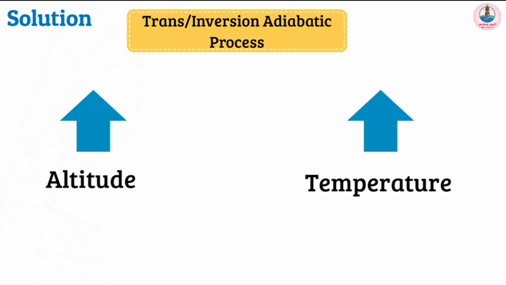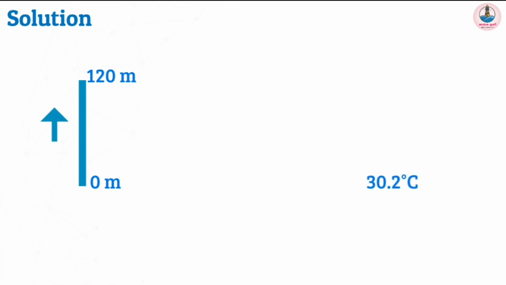Now we have learnt about these processes. Now let's get into the question. You can see in this question, the altitude is increasing from 0 meter to 120 meter. When the altitude increases, the temperature decreases from 30.2 degrees Celsius to 28.9 degrees Celsius.